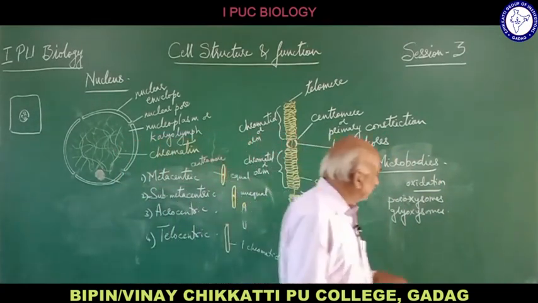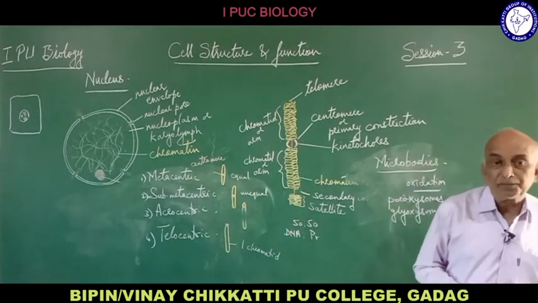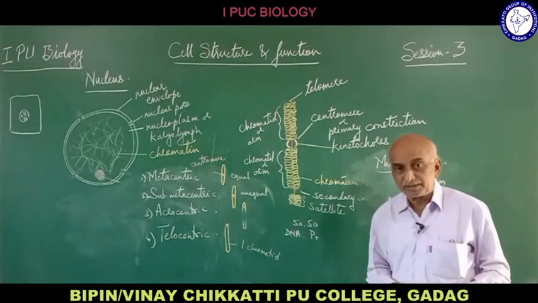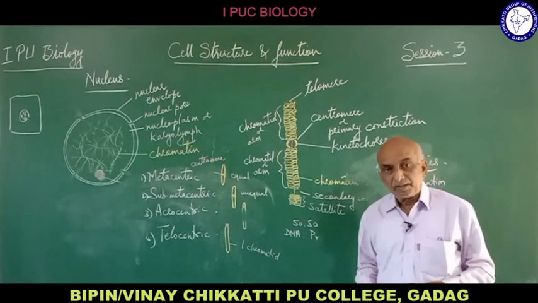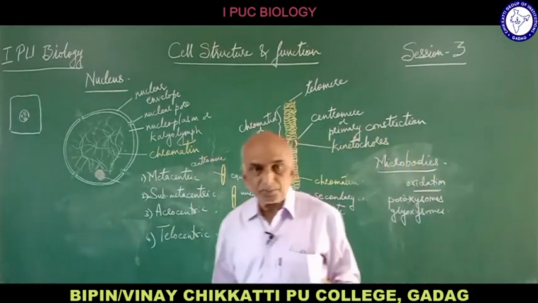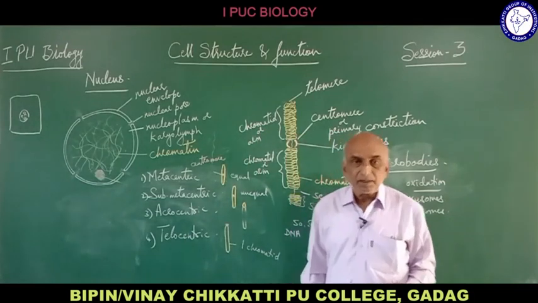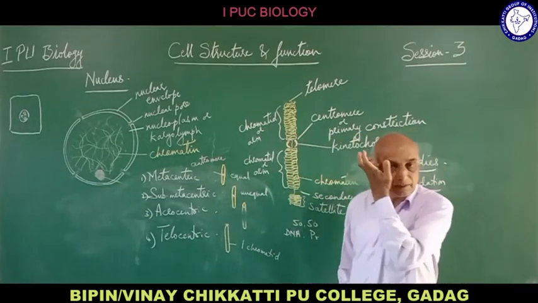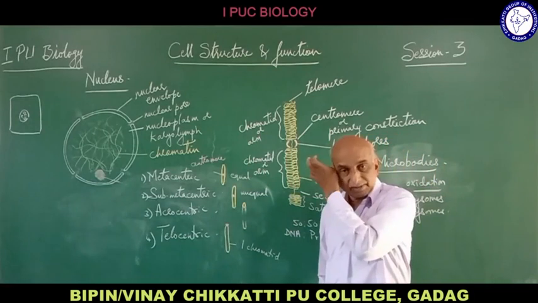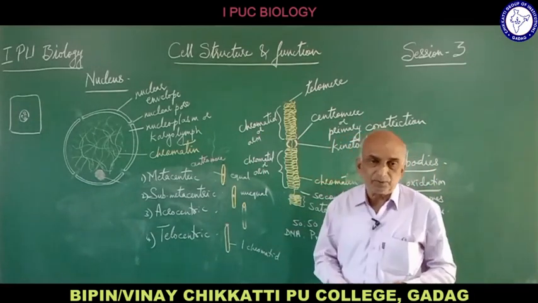Then we should remember the functions of all these cell organelles: the functions of cell membrane, mitochondria, then Golgi complex, endoplasmic reticulum, lysosomes, and also the functions of plastids, then the functions of nucleus.